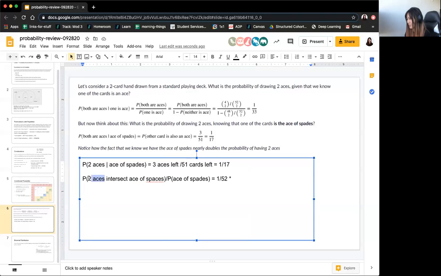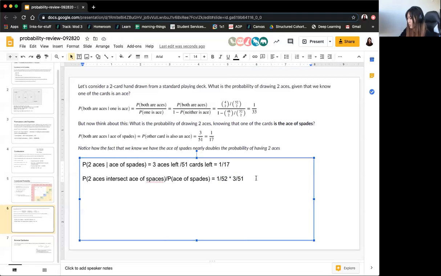And then you want to intersect it with getting 1 other ace out of the 3 possible aces that are left. I would think of it as 3 out of 51, right? So here you get the ace of spades and then the probability of just getting another ace.